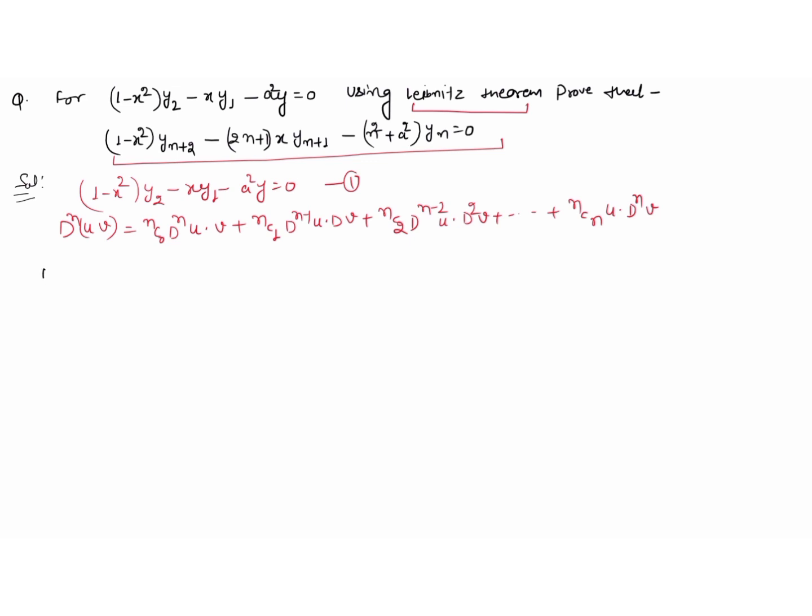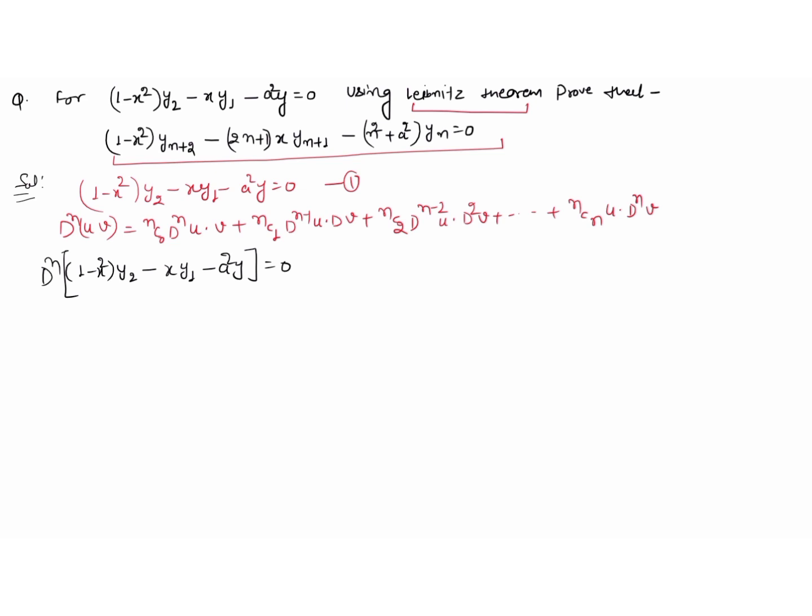Now this is Dⁿ of (1 − x²) y₂ − x y₁ − a² y equal to 0. We will apply the Leibniz theorem in equation 1.